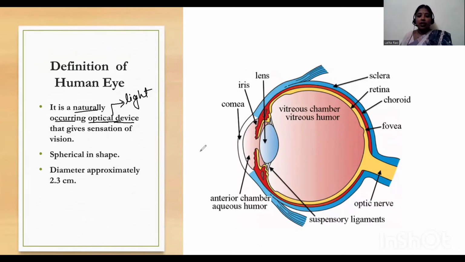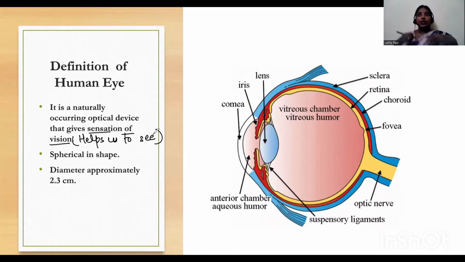Light rays fall on it and get refracted and converge and form the image on the screen which is known as the retina, isn't it? That's why it is known as an optical device. It gives us the sensation of vision, meaning it helps us to see different objects around us.